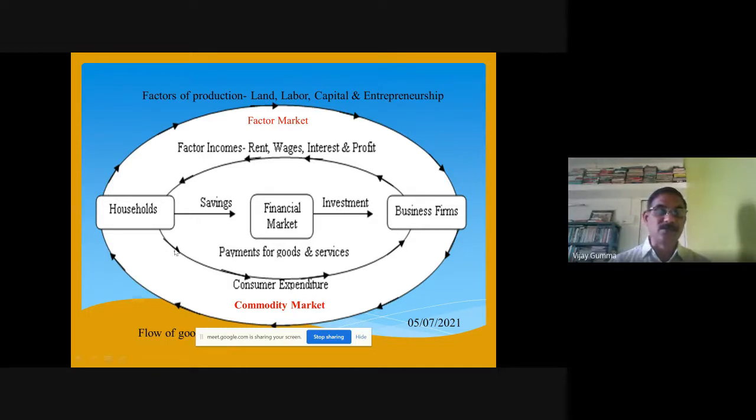So the household sector is the owner of factors of production like land, labor, capital, and entrepreneurship. Similarly, the household sector is the consumer of goods and services.